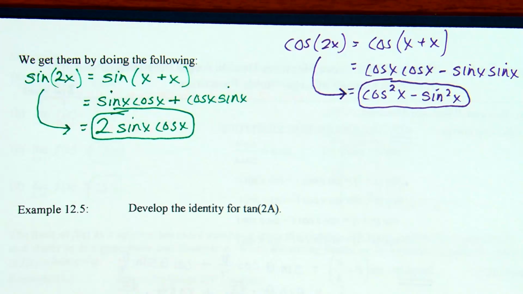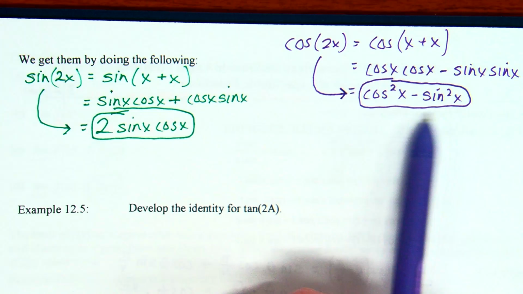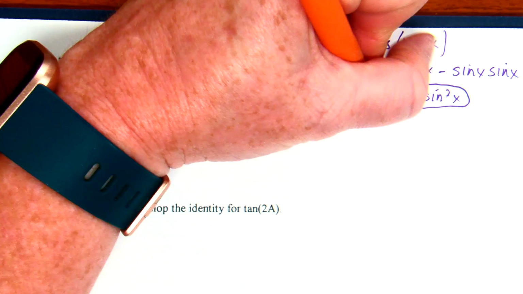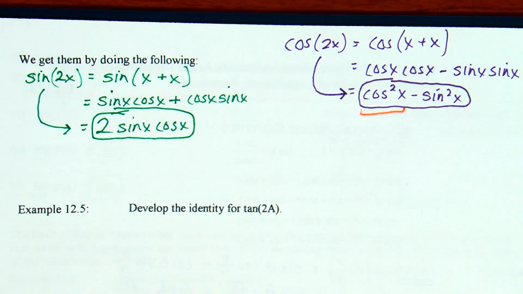Now, speaking of that Pythagorean identity, there are two other ways to express this. And the two other ways we can express this cosine squared x minus sine squared x are to use that main Pythagorean identity to rewrite them. So for instance, how could I rewrite cosine squared x? 1 minus sine squared x. Right?